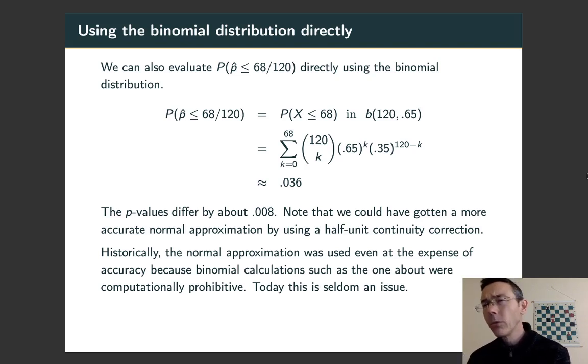But at that point, we're doing more work for an approximation, and the whole point of the normal approximation was to do less work. So you kind of make a decision on these problems whether you want something exact or approximated. Of course, the normal approximation gets better when n gets larger, and so 120 is not tiny, but it's not huge either. So you want a larger sample size, of course, here.